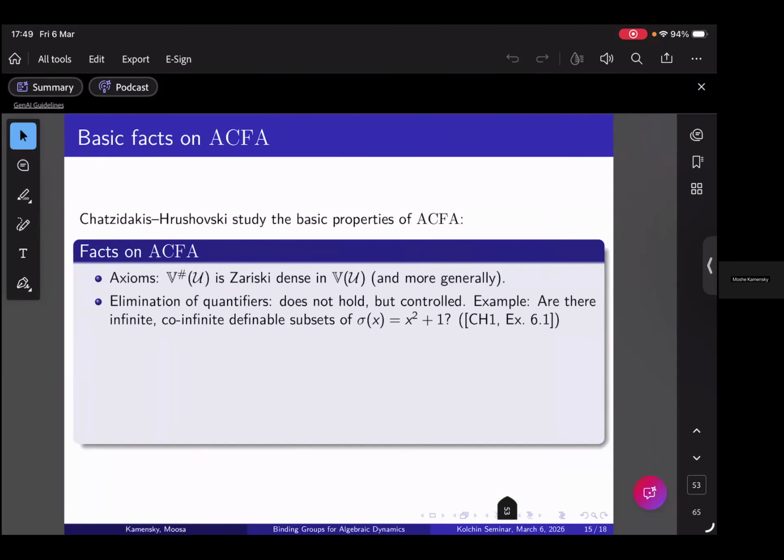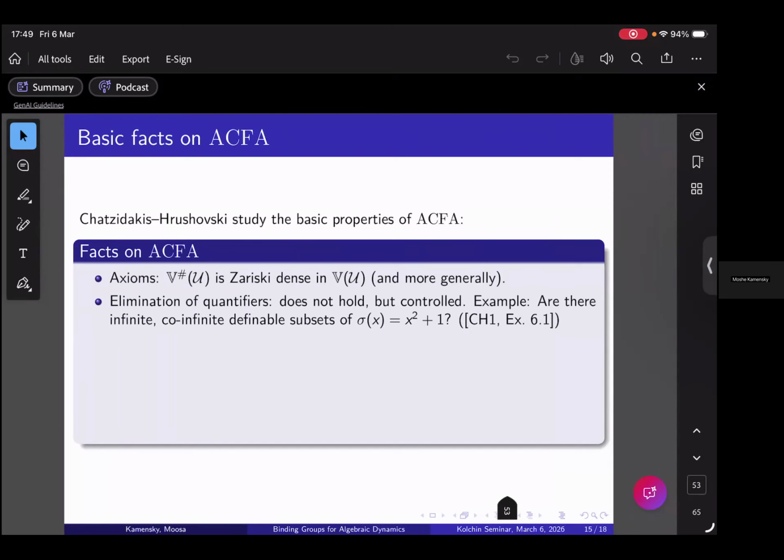Somehow one of the main points for us is the elimination of quantifiers. So this asks the question of whether every formula is equivalent to a formula without quantifiers, but the answer is no. So in this theory, not every formula is equivalent to a quantifier-free formula, and this makes things quite a bit more interesting.